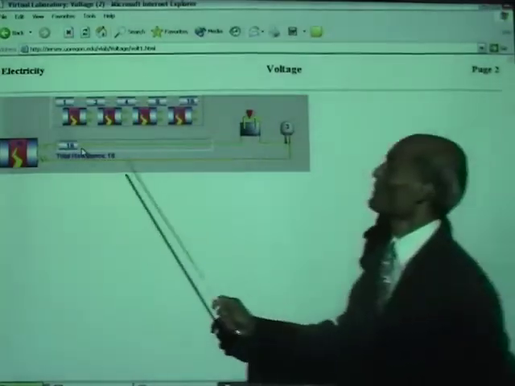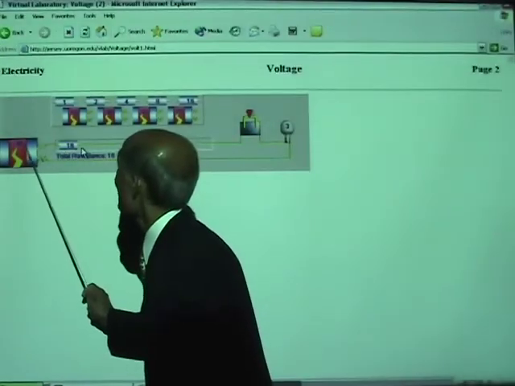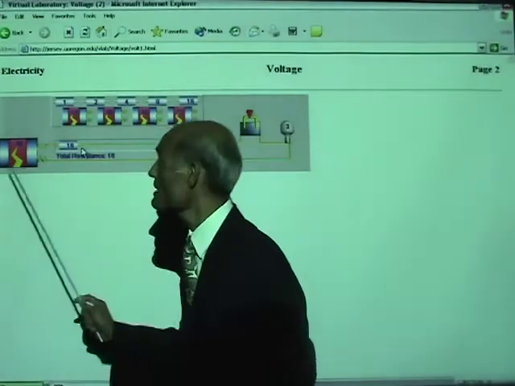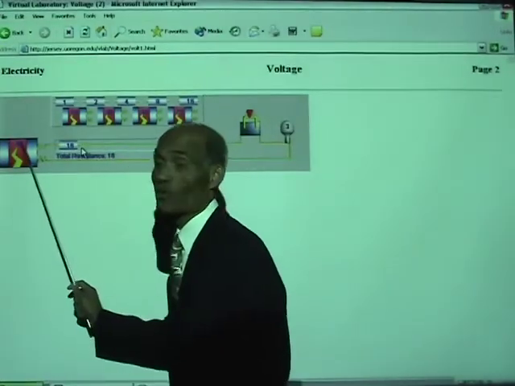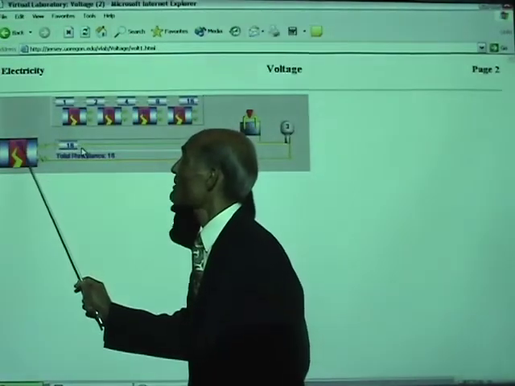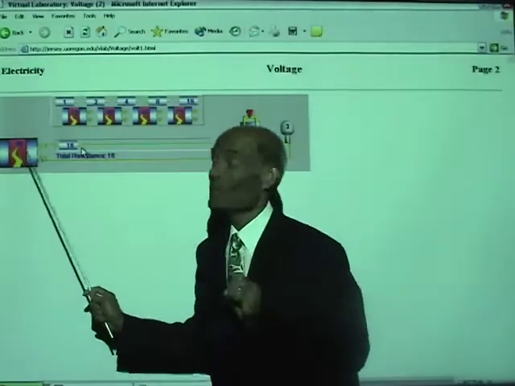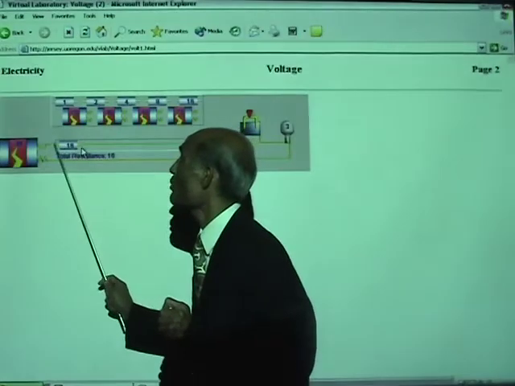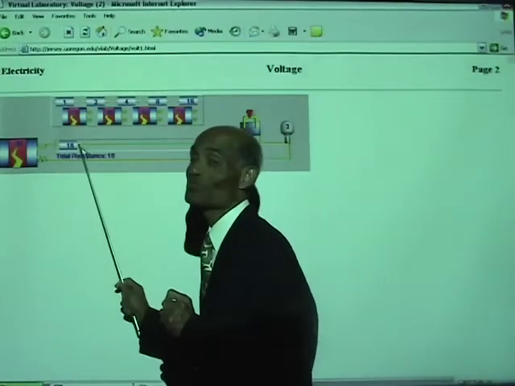That means the battery has now established what is the potential difference the battery is going to provide? 36 volts. It means the battery has now established a potential difference of 36 volts across this conductor or this resistor.